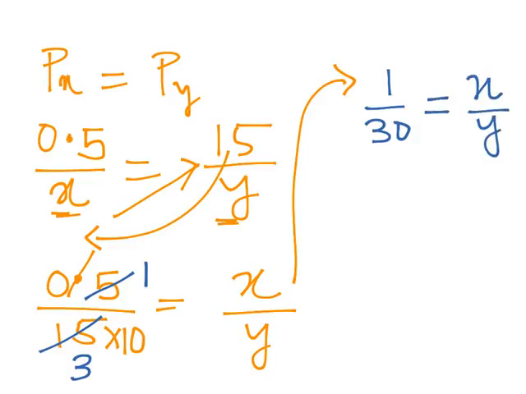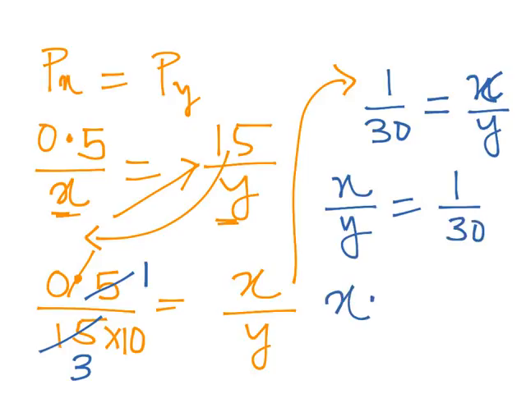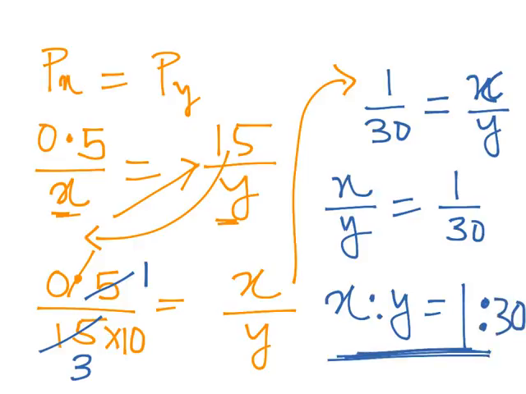So x by y is nothing but 1 by 30. If you write in a ratio format, x is to y is nothing but 1 is to 30. This is the answer.